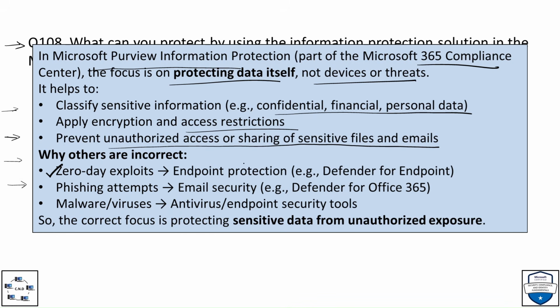Zero-day exploits are handled by endpoint protection, for example Defender for Endpoint. Phishing attempts can be handled through email security, that is Defender for Office 365. And malware and viruses can be handled with antivirus and endpoint security tools. So the correct focus is protecting sensitive data from unauthorized exposure.